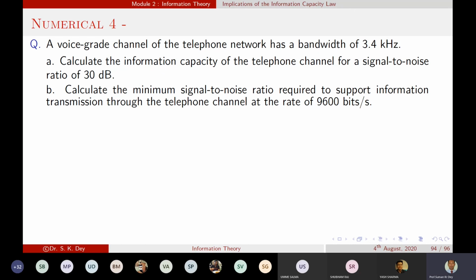The reason is that previously 20 log 10 base V is there. Now if we replace V in terms of P, it will be a square. Suppose we consider P equal to V square; R is the constant, we are leaving the R. Is that clear? Yes, sir.